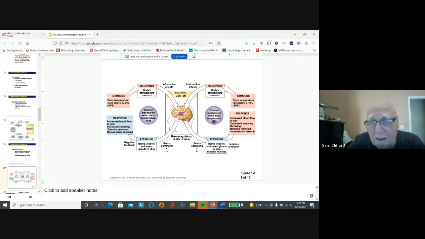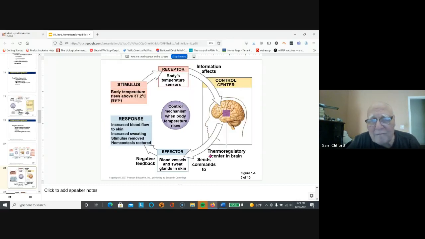So that's the exact opposite if your body temperature falls below. Here you have decreased blood to the skin, decreased sweating, shivering, and through blood vessels and sweat glands, the temperature is going to be returned to normal. Okay, so here's a view of that. Make sure you understand receptor, control center, effector.